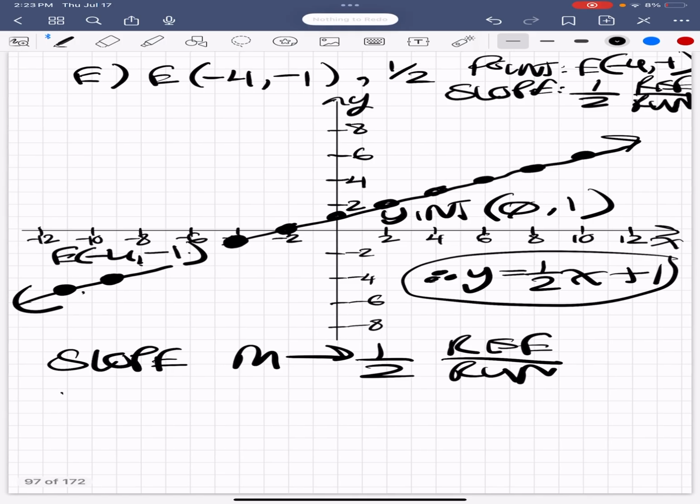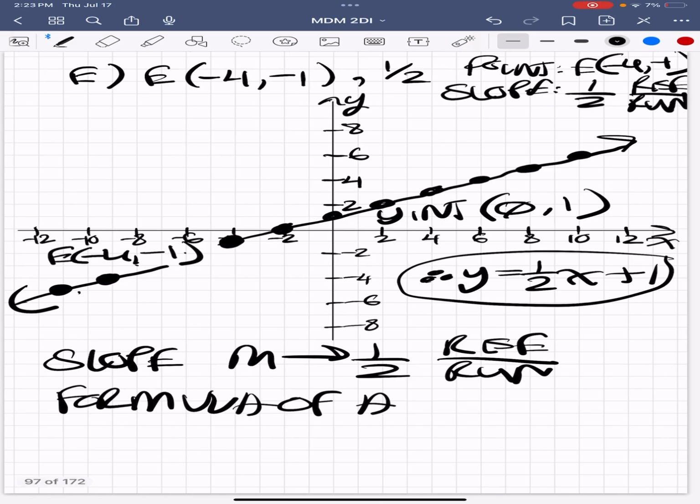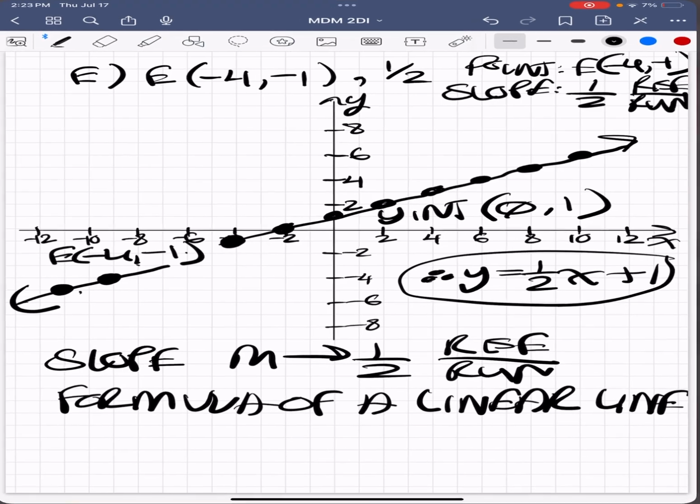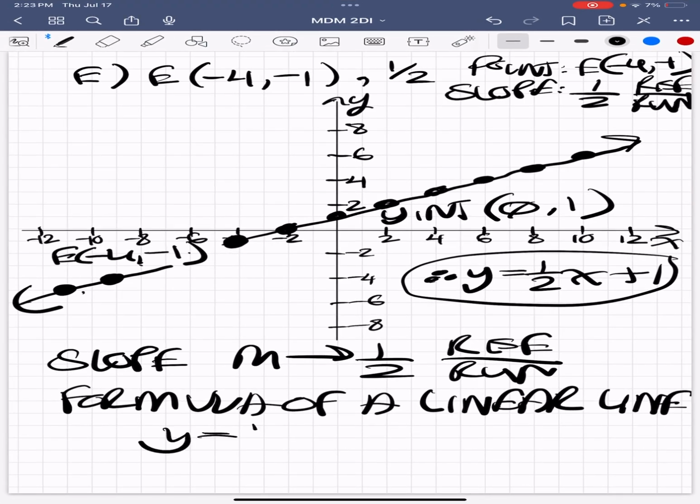We have the formula of a linear line. We have y being 1 over 2x plus 1.